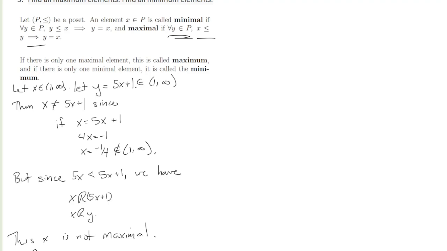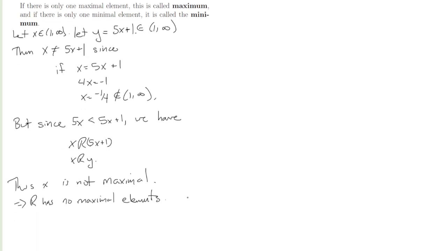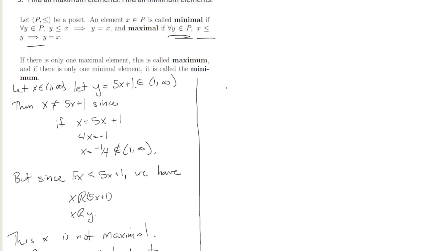So R has no maximal elements. Just going over that a little bit there for you. Okay, now can we do the same thing on the other side? Let's check. What does it mean to be minimal?